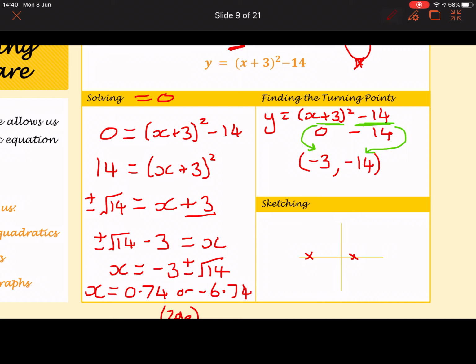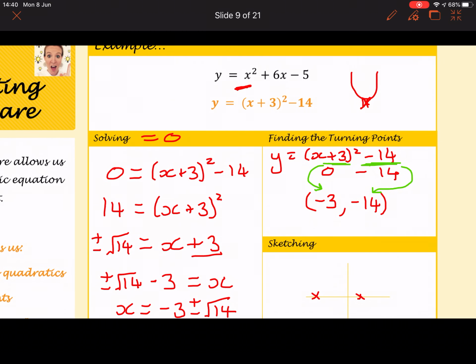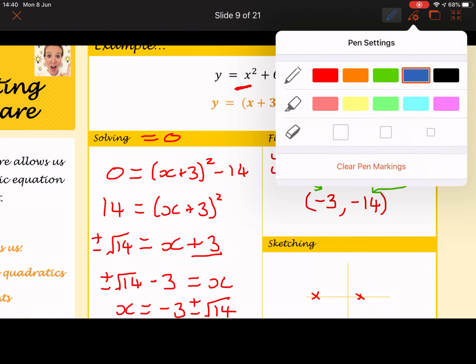What else can we put on? Look back at the very original equation up there. y equals x squared plus 6x minus 5. Does that tell us anything about the graph? Firstly, it tells us it's a nice positive parabola because we've got positive x squared, but also we've got this minus 5, which is the plus c.